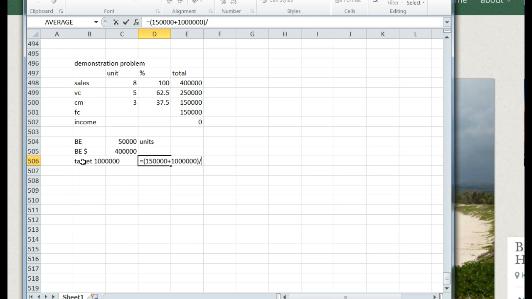So this would be the number of units we have to sell. If I divided it by the percent, it would be the dollars worth of sales. It looks like we're going to have to sell 383,333 units to make $1 million. So the only thing I can say to that is we need to get busy.